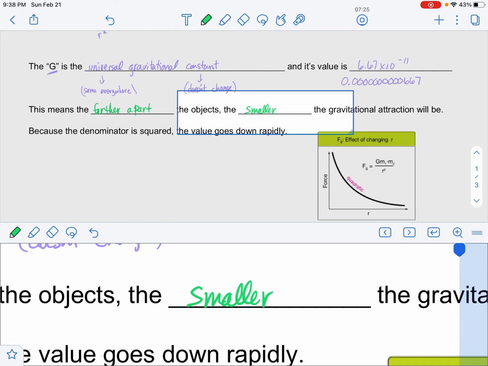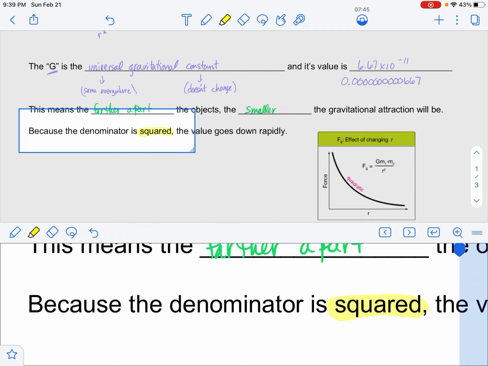Now, it also, of course, has to do with their mass. So if their mass is really big, that's going to increase the gravitational attraction. But the further apart they are, that's going to decrease it. So you need to think about both those factors. And because the denominator is squared, the value goes down rapidly.